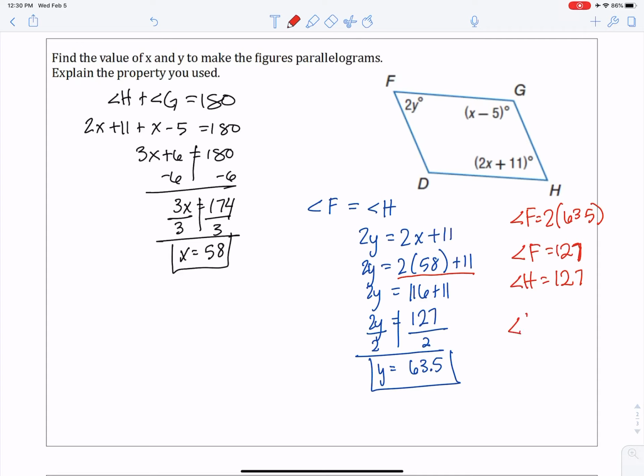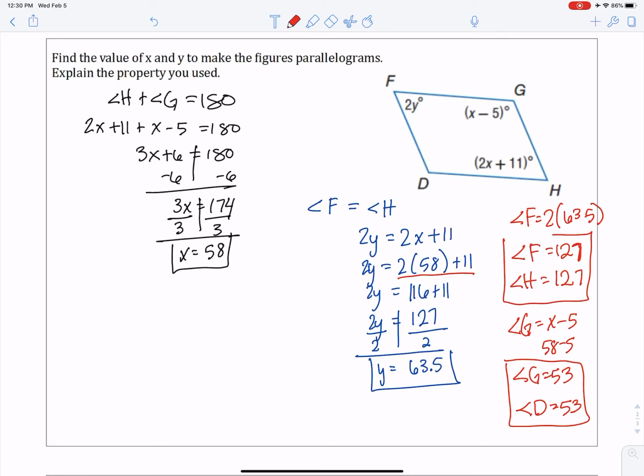And then for angle G, that's x minus 5, so 58 minus 5, which is 53. So angle G is 53 and angle D is 53. So it didn't ask us for all of these, but just to take it a step further and answer that question, you could plug it back in as well.